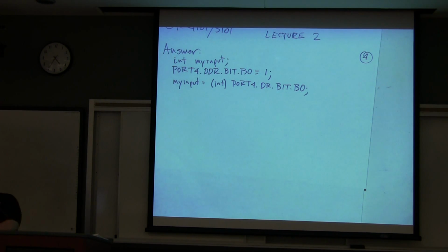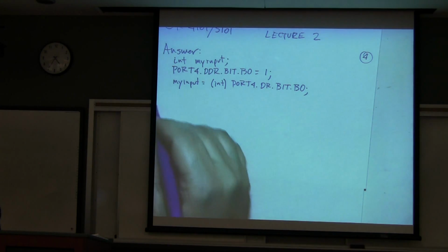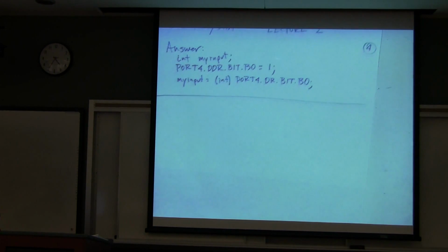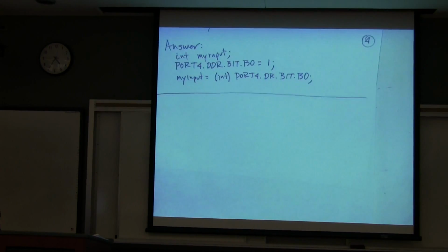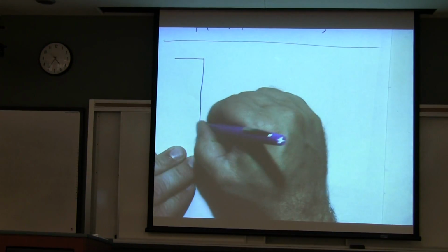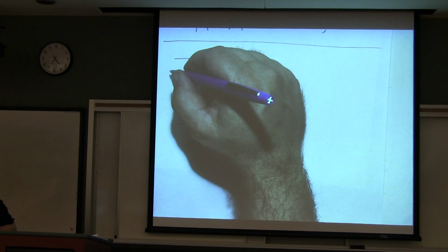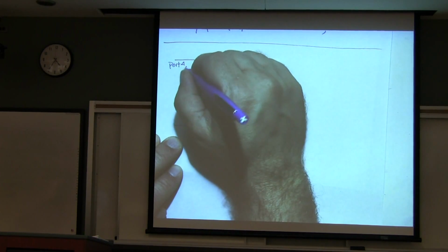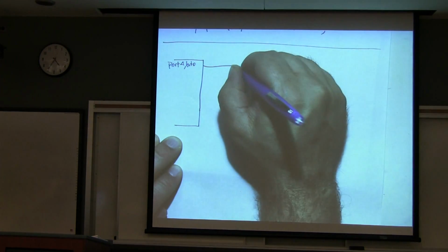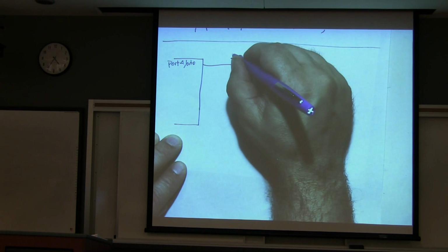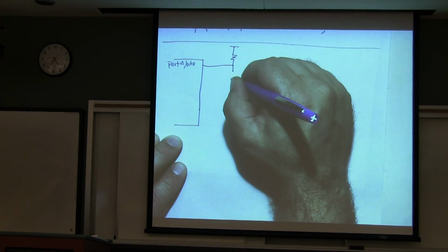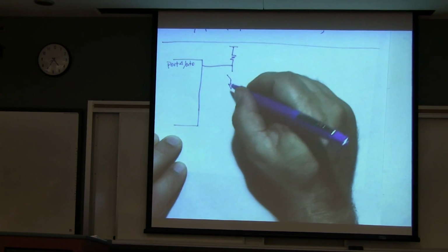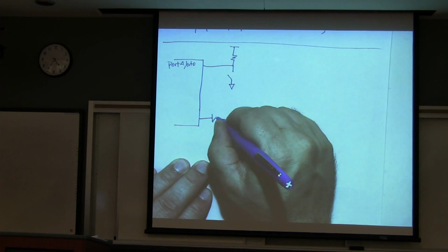So here's the next assignment for you right now. I like to do stuff in class because otherwise, it makes you actually be active and do something. Let's say I have this device right here, and this is port 4, bit 0. Here's my switch, right? And here is my LED.